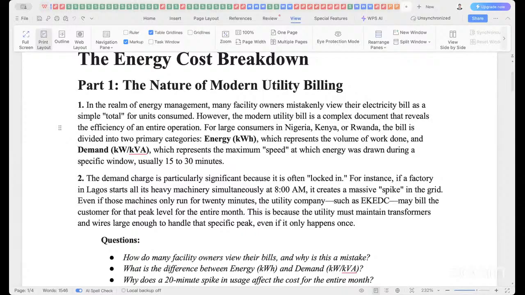This demand, I'm looking at it also as a power factor, because power factor has to do with the power in kilowatts divided by the kVA. And actually it tells about the efficiency. That's true about power. I'm looking at it like this.